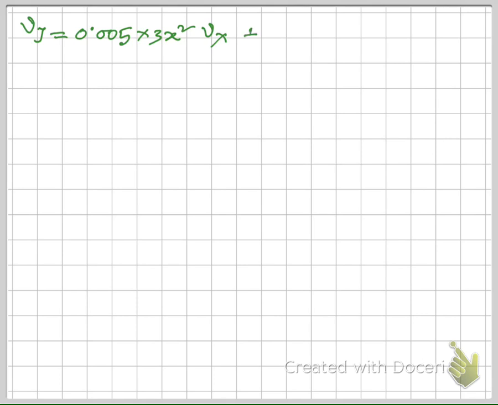And for the 1000, it's constant, so the derivative will be 0, and it will be multiplied with vx, which will be 0 again.